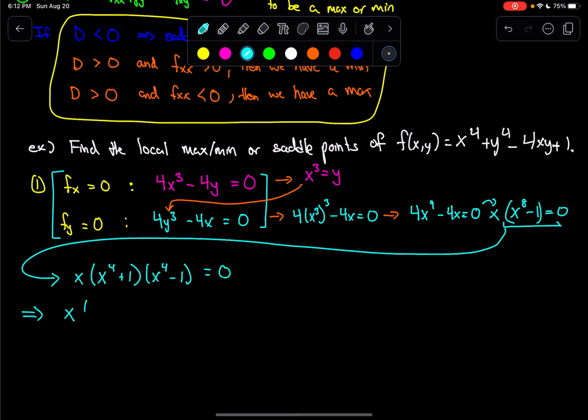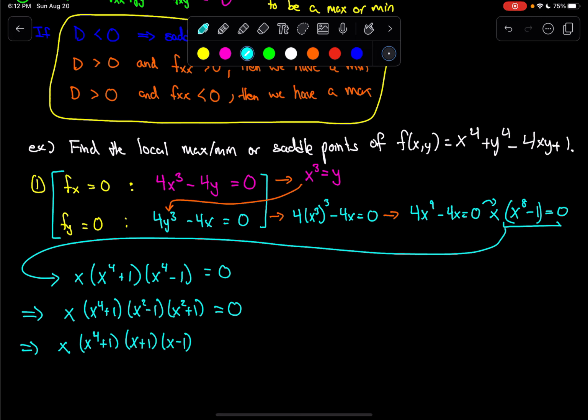So that's x times x to the 4th plus 1 times x squared minus 1 times x squared plus 1. And x squared minus 1 is also a difference of squares. So we get x times x to the 4th plus 1 times x plus 1 times x minus 1 times x squared plus 1 is equal to 0. And again, what are we doing? We're trying to find our critical points right now.